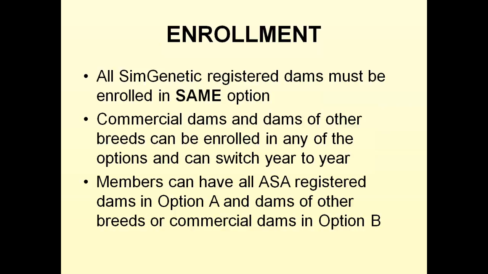Your commercial dams and your dams of other breeds can be enrolled in any of the options, and you can switch them year to year. What that means is if I have a purebred Angus female, and for 2013 she was enrolled as option A because she was bred to a Simmental sire, and in 2014 I bred her back Angus, I could enroll her as option B for 2014 because I'll be submitting that Angus calf through the Angus Association for EPDs, and I'll be reporting it to ASA, to be in compliance with my reporting, but I don't necessarily mind if I have EPDs on the calf.